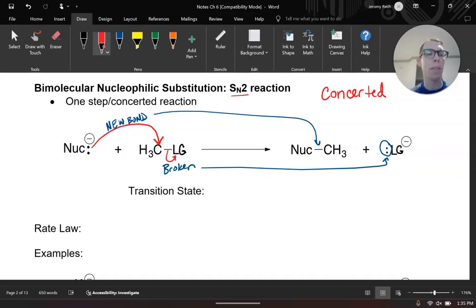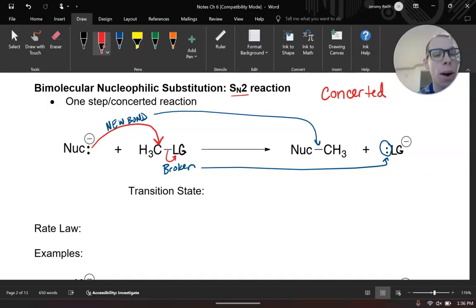Now, we can describe this reaction in terms of kinetics, and we're going to talk a handful of times about what, of the different conditions that we can have, makes this reaction happen faster. Because as we're doing reactions, we want it to be fast. We don't want to wait days for a reaction to happen. So we can write out an expression to describe the kinetics, or how quickly a reaction happens.